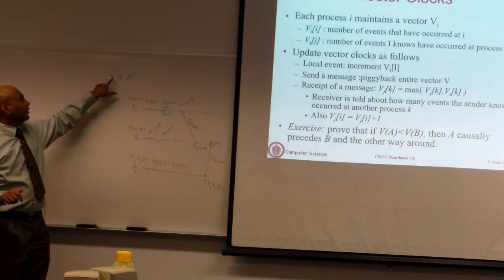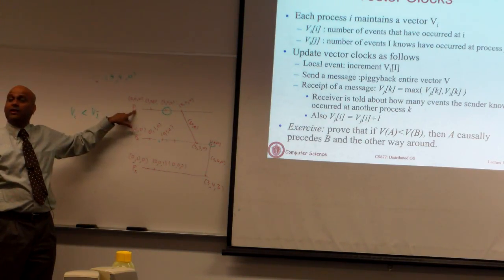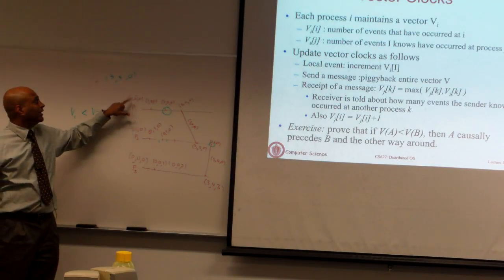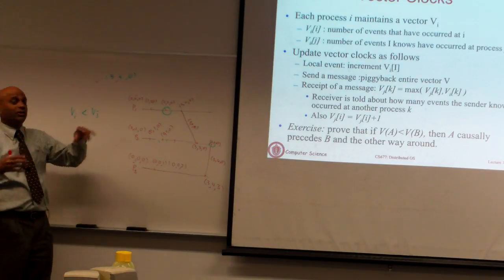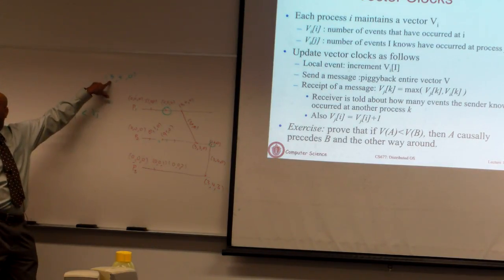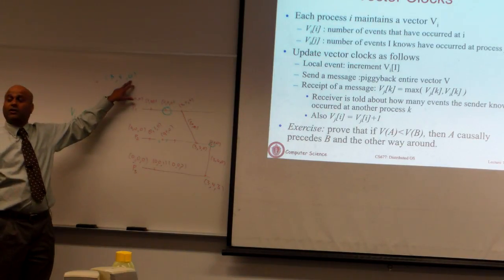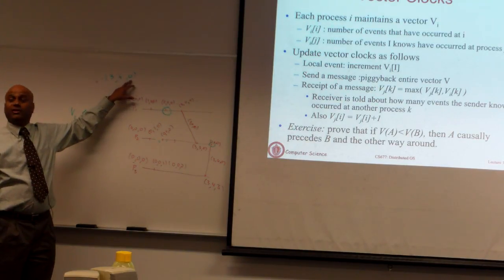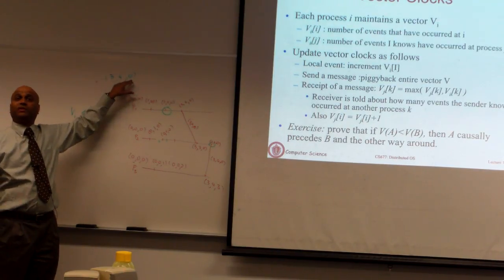It also says I know something about process P1: the most recent message that I received from P1 had a timestamp of 3, which is why when I took the max I saw 3 there. And it says I have not heard from P3 at all. So I know nothing about the clock at P3, that is why my local value for P3 is still 0.